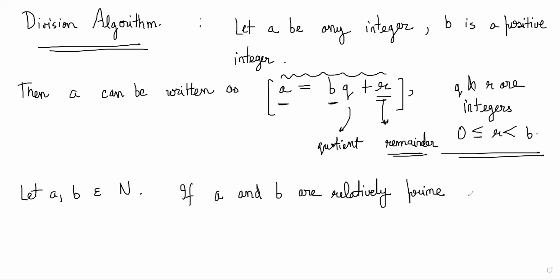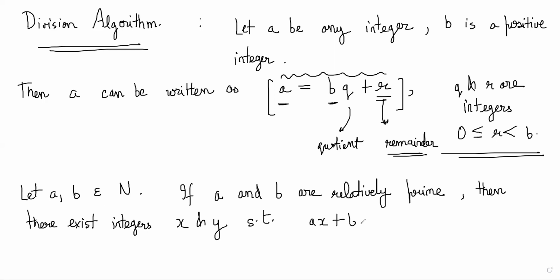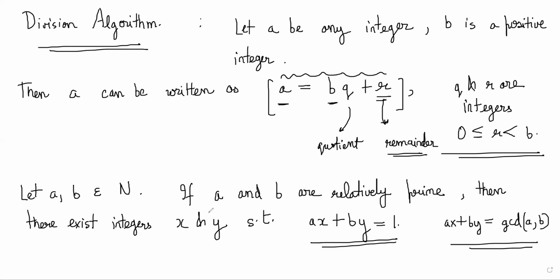If A and B are relatively prime, then there exist integers x and y such that ax plus by equals 1. This is a special case of a more general property where you can say ax plus by is equal to the GCD of A and B. But in this case, the GCD of A and B is 1 because they are relatively prime. By GCD, we mean greatest common divisor.